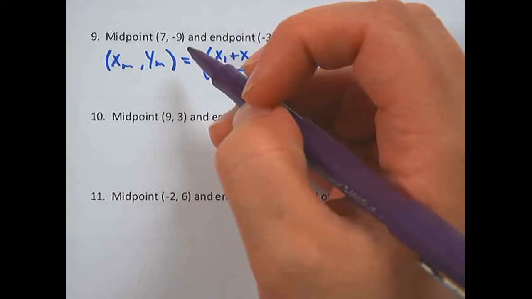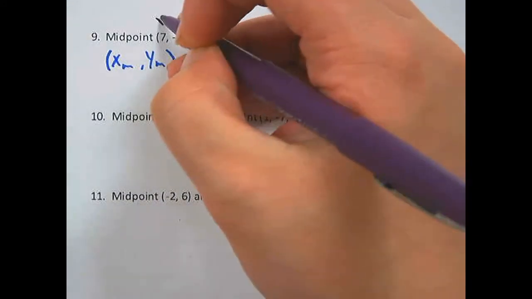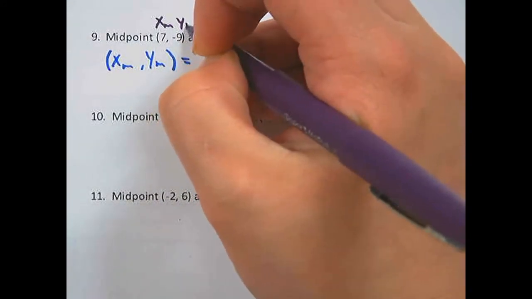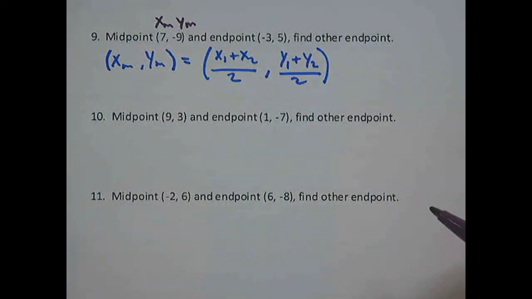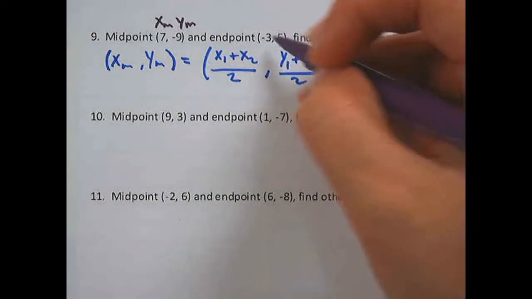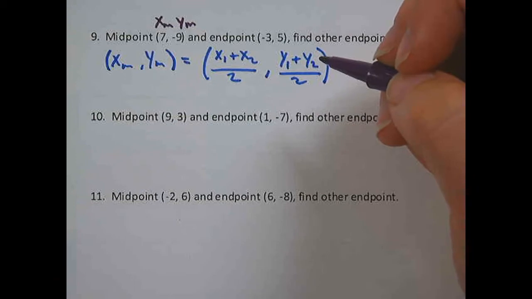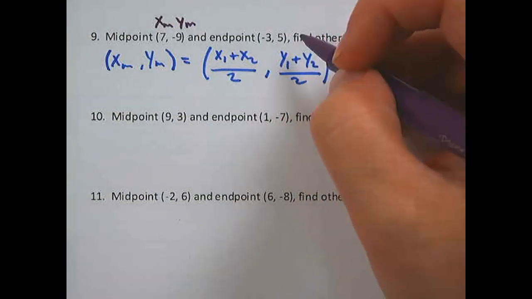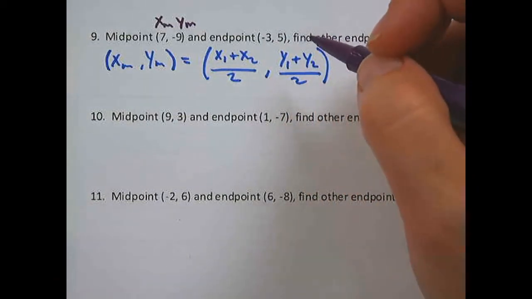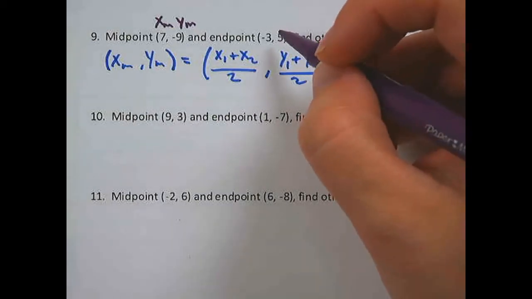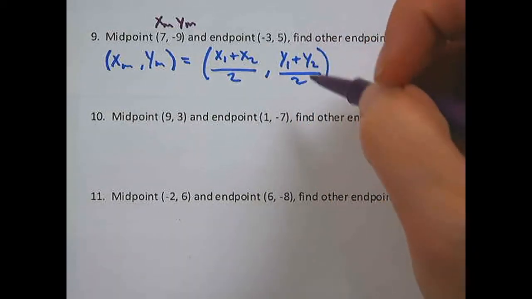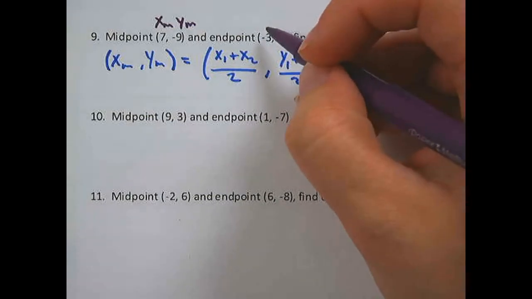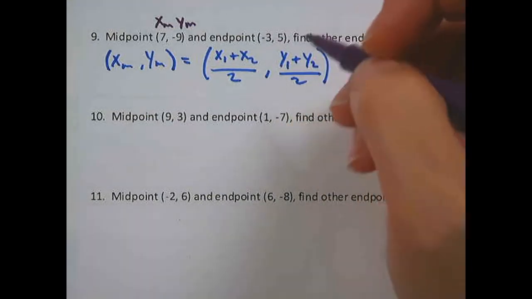This is our midpoint we're given, so that's our xm, ym. And this endpoint we're given, we can either call it x1, y1, or x2, y2. It does not really matter as long as we are consistent with what we pick.